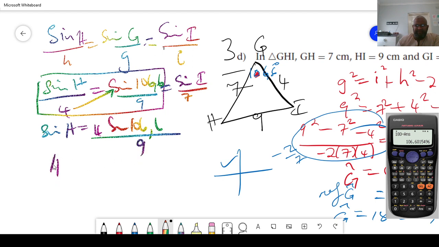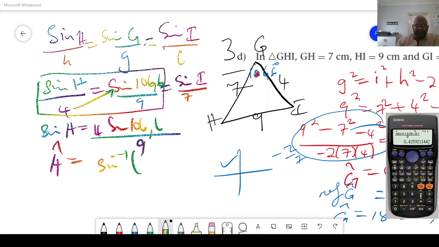So angle h is going to be arcsine of, and I can work this out here. So it's going to be 4 sine 106.6, close the brackets, over 9.